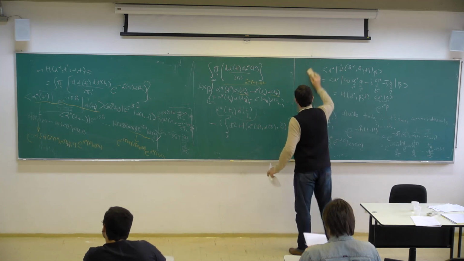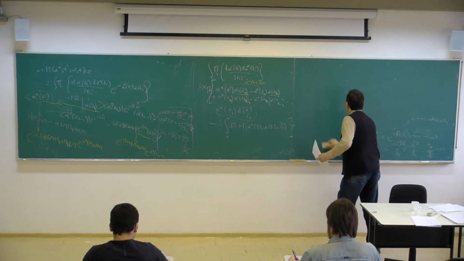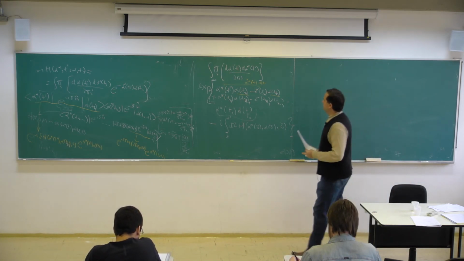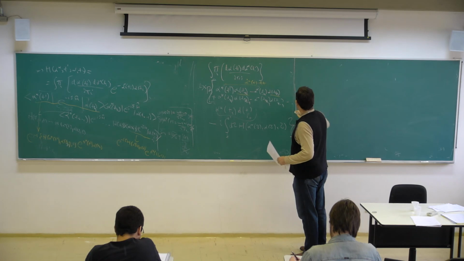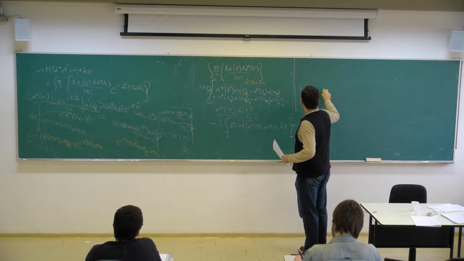So in here we have basically integral dt, alpha of t, alpha star dot of t.